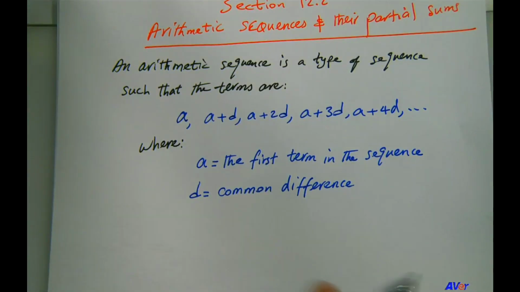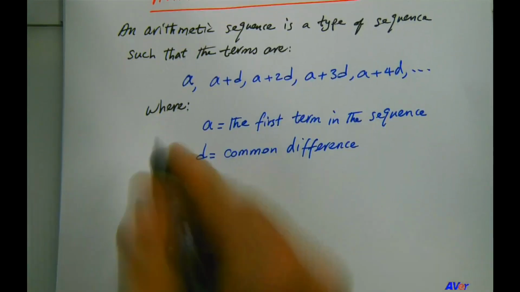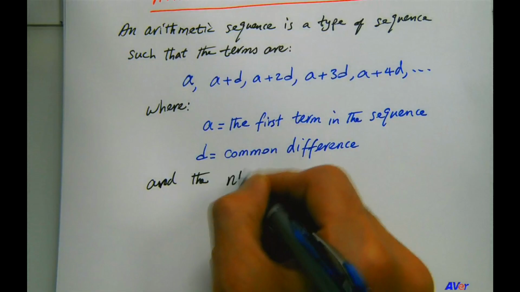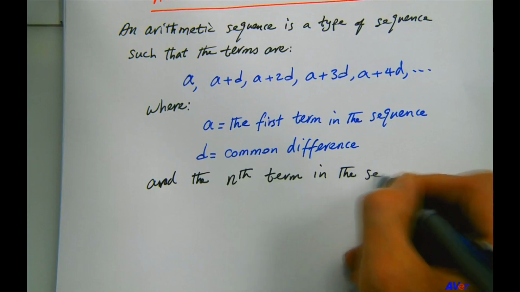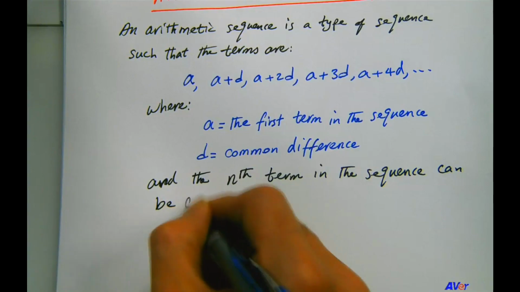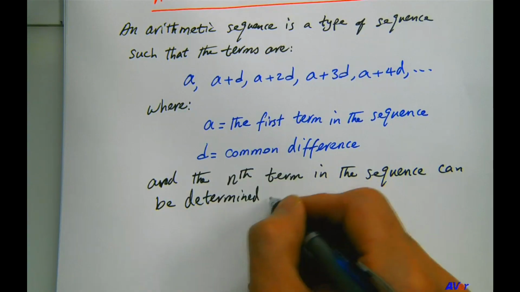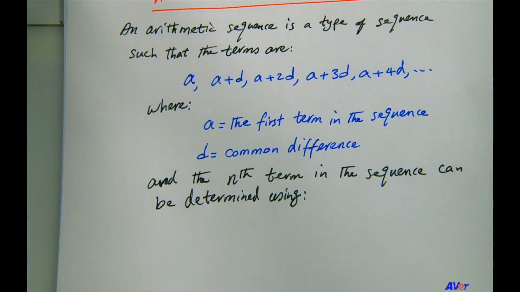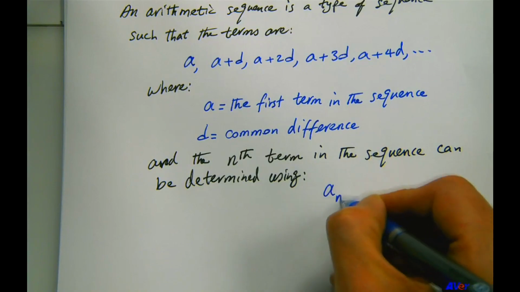And the nth term in the sequence can be determined using this nth term of a sequence formula, which is A sub n.